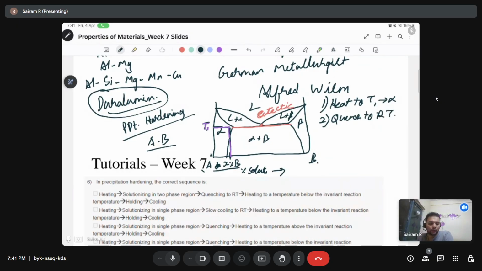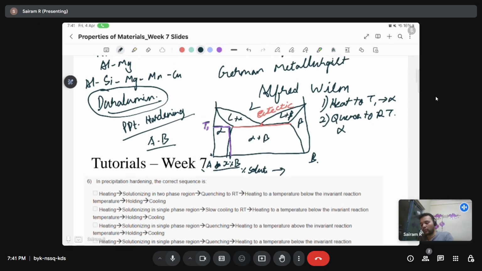What happens right now is I get alpha because I am not giving the atoms of solute B time to segregate, to diffuse across grains or grain boundaries across the lattice so as to form the beta phase. And now what I end up with is a supersaturated alpha at room temperature.